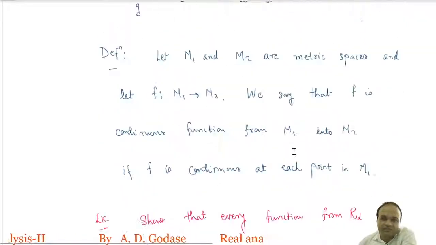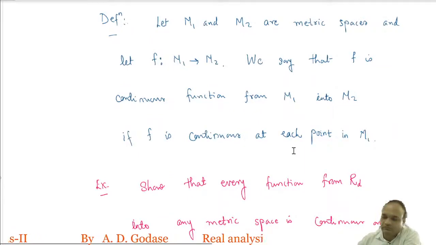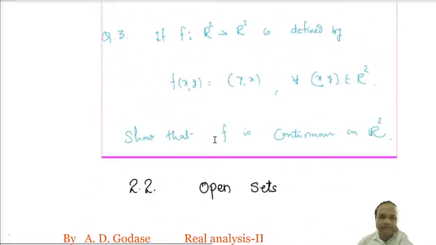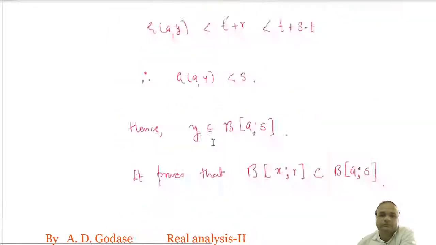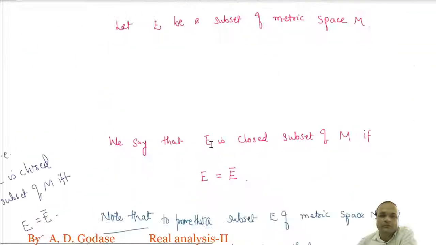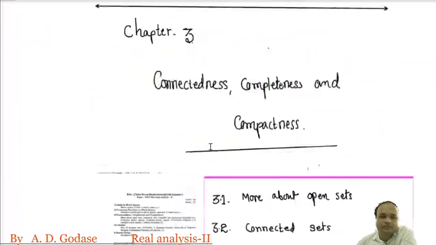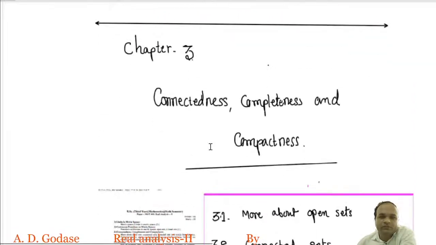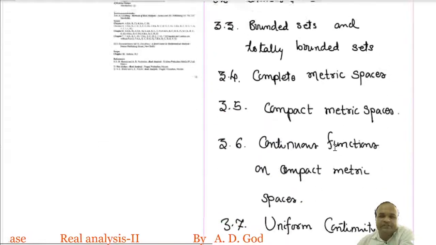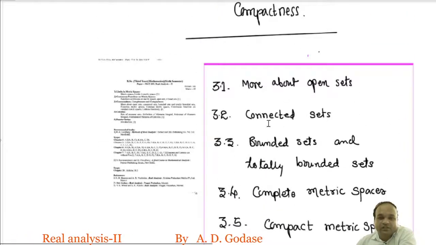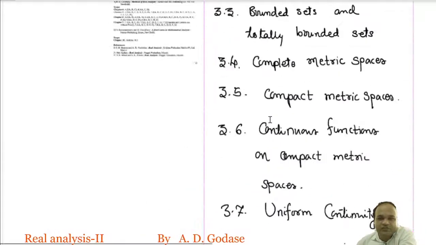So, next chapter. The third chapter is titled connectedness, completeness, and compactness. In this chapter there are a total of 7 points.